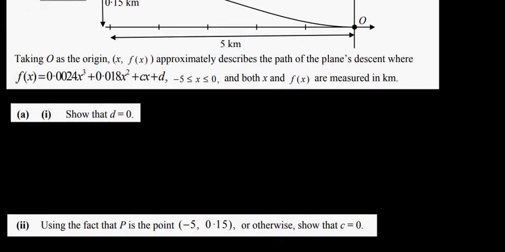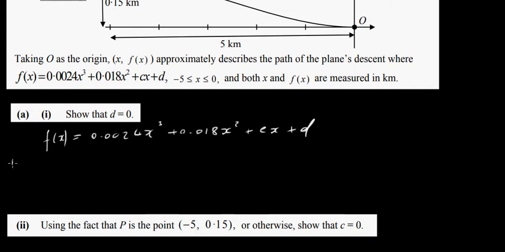So that's always a handy one to use in these situations. So let's do that. Our function here is f of x is equal to 0.0024 x cubed plus 0.018 x squared plus cx plus d.